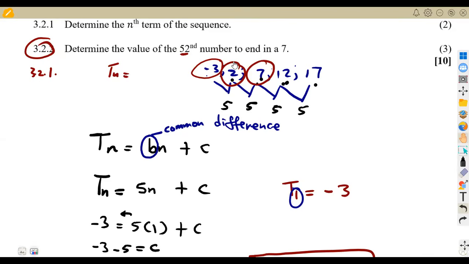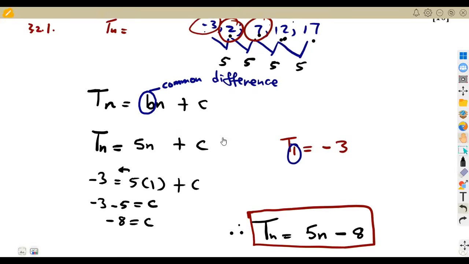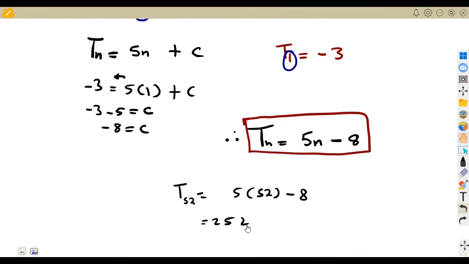But the number is to end in a 7. So the question that we're going to ask ourselves is that the equation that we are going to have is going to change. So this is not ending in a 7, this part.